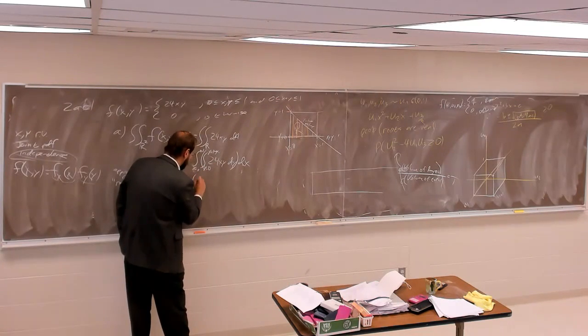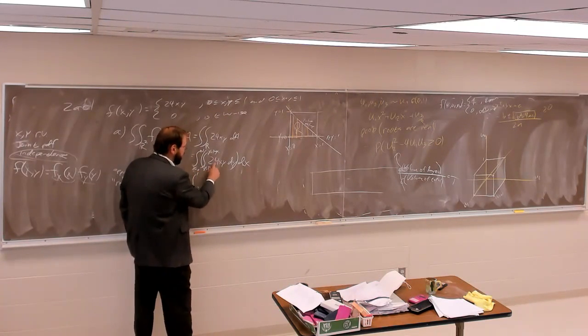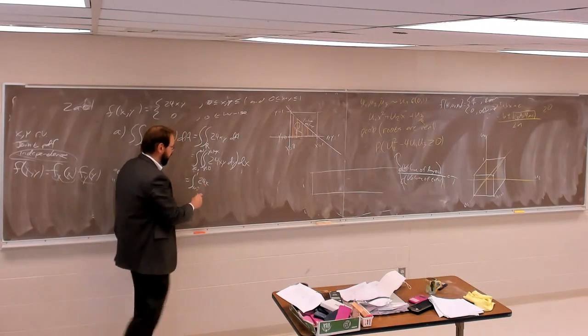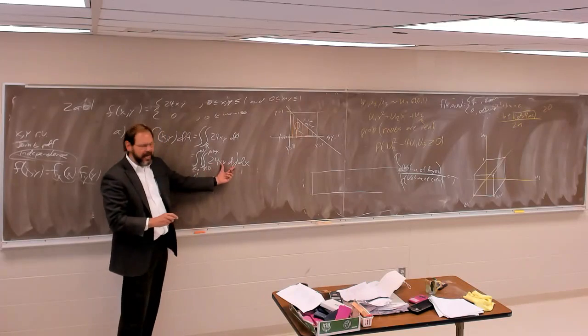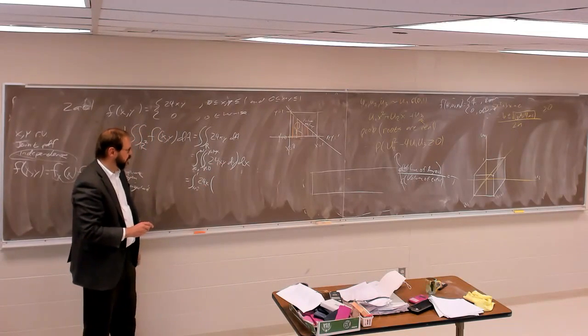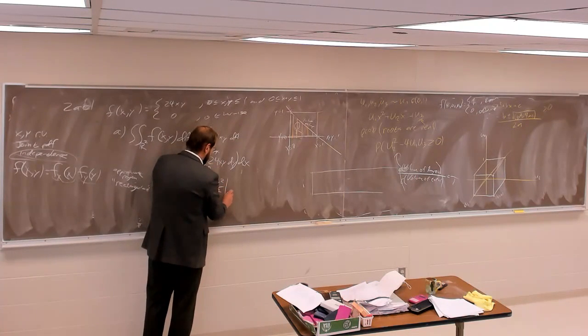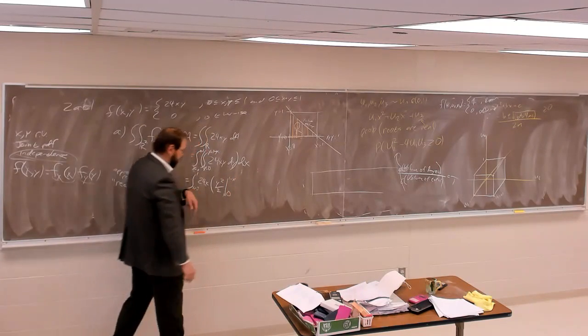X equals 0 to 1. I'm going to pull the 24x out, because those are behaving like a constant when it comes to the y's. And the antiderivative of y is y squared over 2. Then I'm going to plug in 0, and I'm going to plug in 1 minus x.